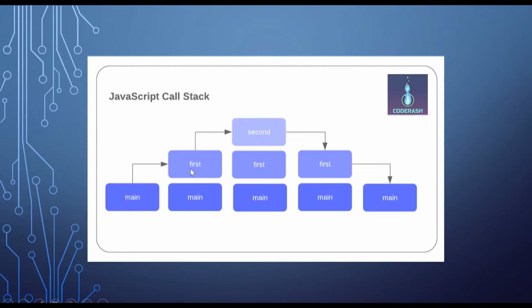And if you are creating more contexts from those, they are also pushed into the stack. Then execution of those contexts happens one by one, and they are popped out of the stack and executed till we reach the end of the global execution context. Now that we have a basic idea of what a stack is and what operations you need to perform on a stack, let us jump into the code and implement these.